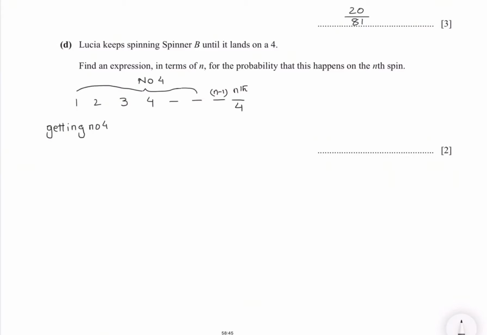So getting no 4, the probability is 5/9, so 5/9 power n minus 1, into getting a 4 is 4/9. So this is your expression in terms of n for the probability that this happens on the nth spin.